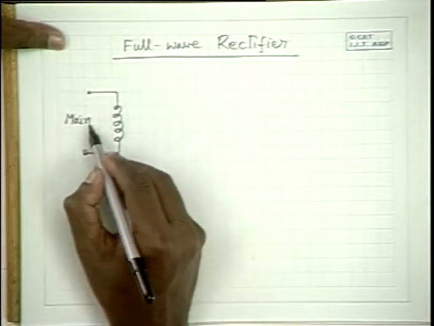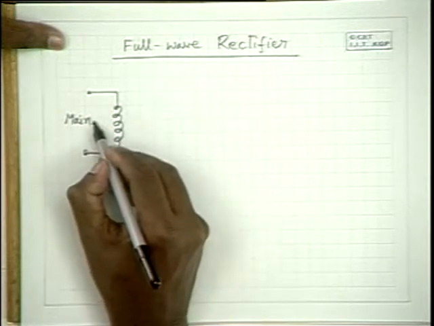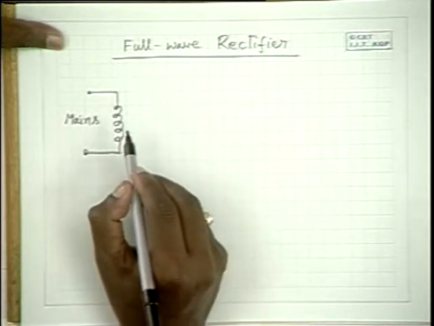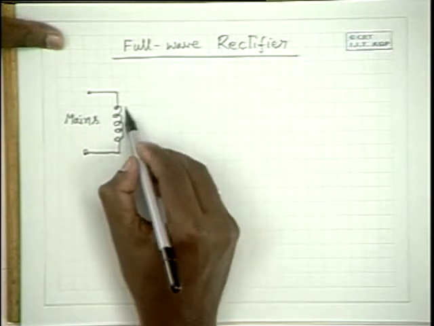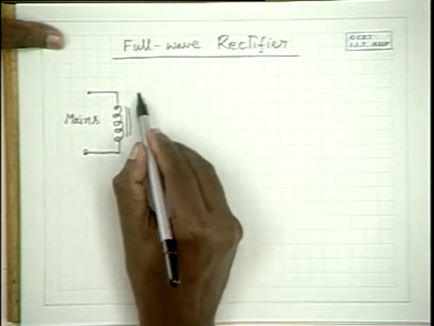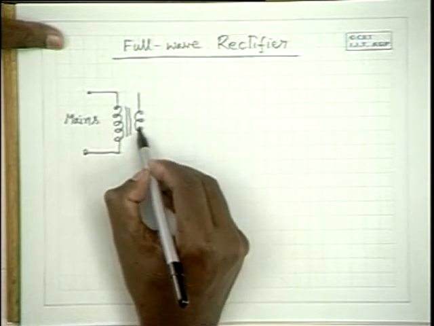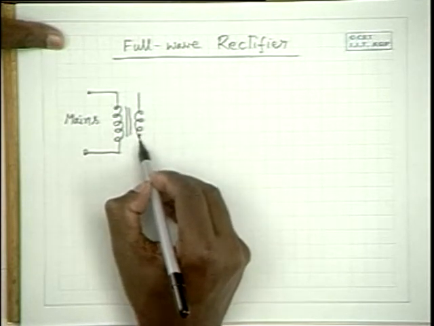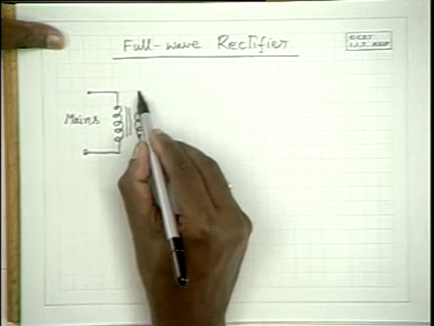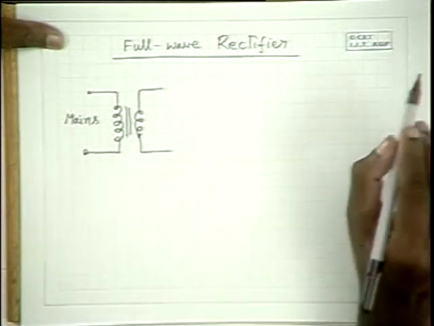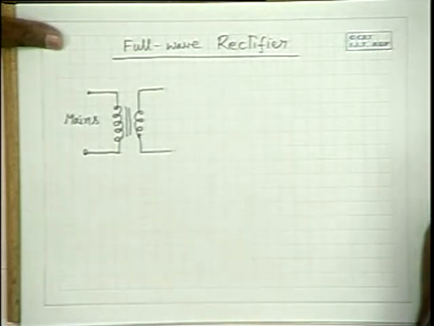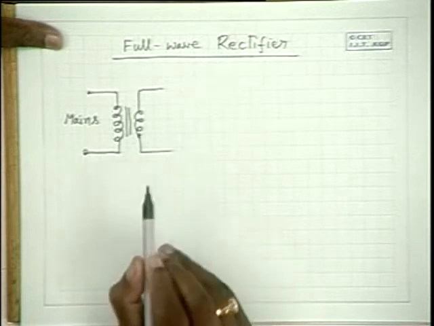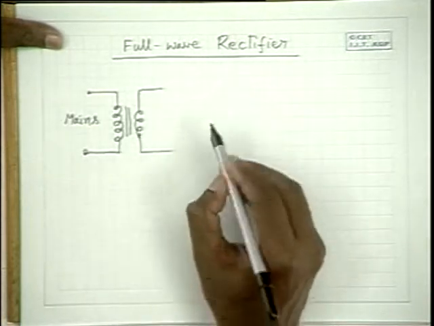We supply the primary input from the mains, which is typically 230 volt mains, and this is the transformer. For small voltage sources, we use a step-down transformer and take the small AC supply, rectify it and get the DC voltage which we want. Now with the transformer included, the circuit looks like this.